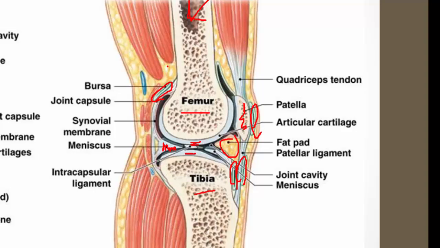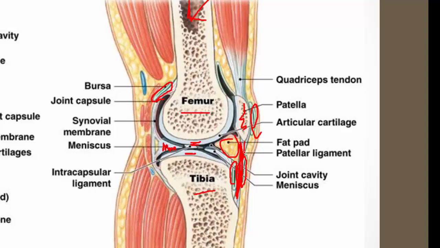So these bursae, as you can see, are above the joint, and they allow free movement of either the skin, in this example, or the ligament. So this is my patellar ligament, and it has a bursa below it, or deep to it, and also has a bursa more superficial to it.